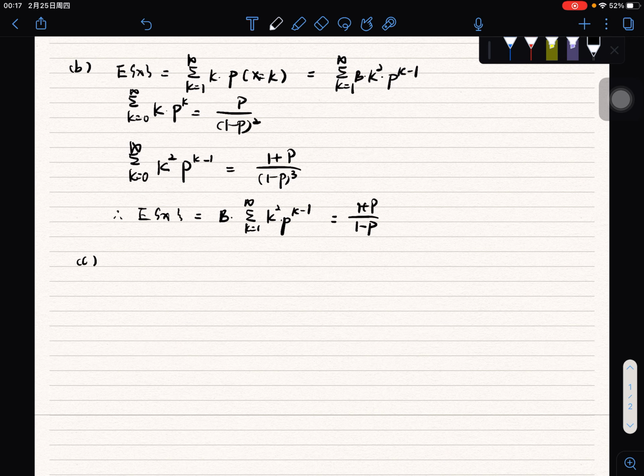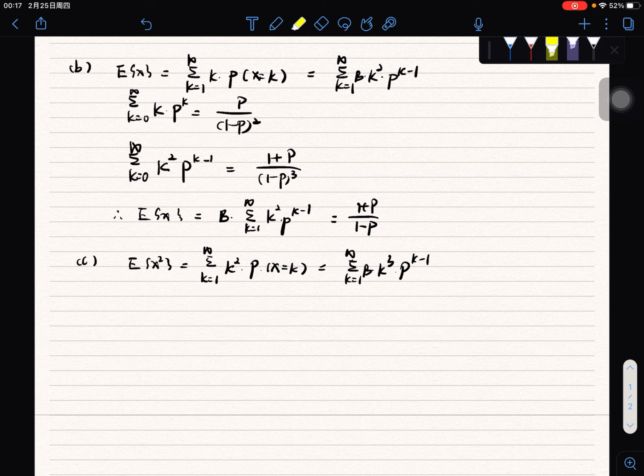And then question C, we need to calculate EX squared. It equals the summation k from 1 to infinity of k squared multiply the probability X equals k, and it equals the summation k from 1 to infinity of b k to the 3 p to the k minus 1.